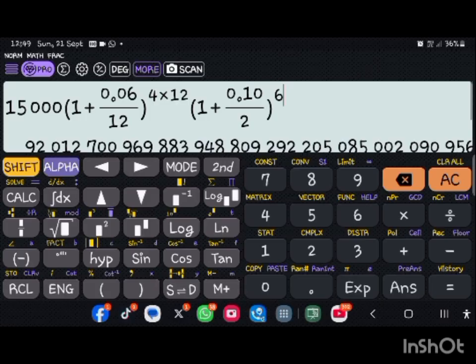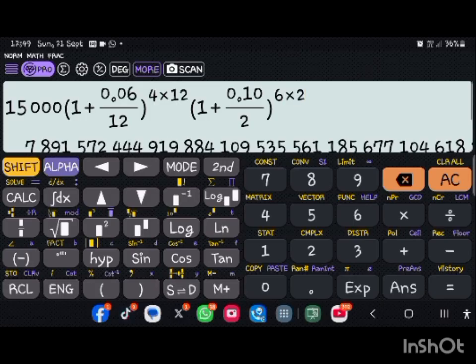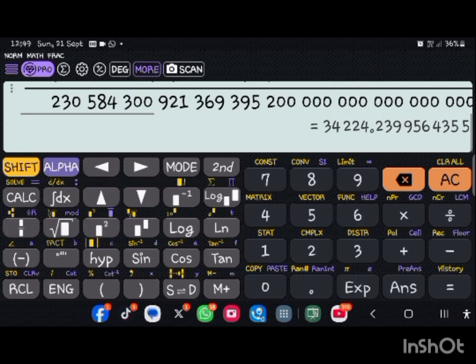Then that is 6 years multiplied by 2 because it is compounded twice in a space of 1 year. And that gives us 34,224 rand and 24 cents. That's how you round it off correct to 2 decimals.